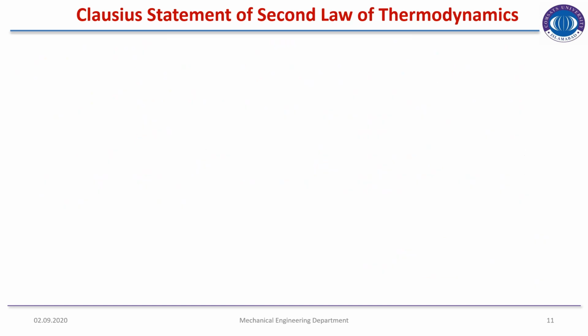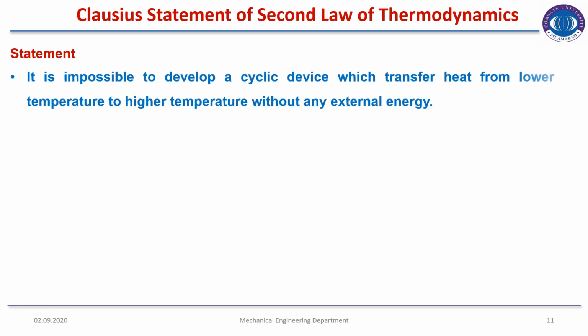Clausius statement of the second law of thermodynamics. Statement: it is impossible to develop a cyclic device which transfers heat from low temperature to higher temperature without any external energy.